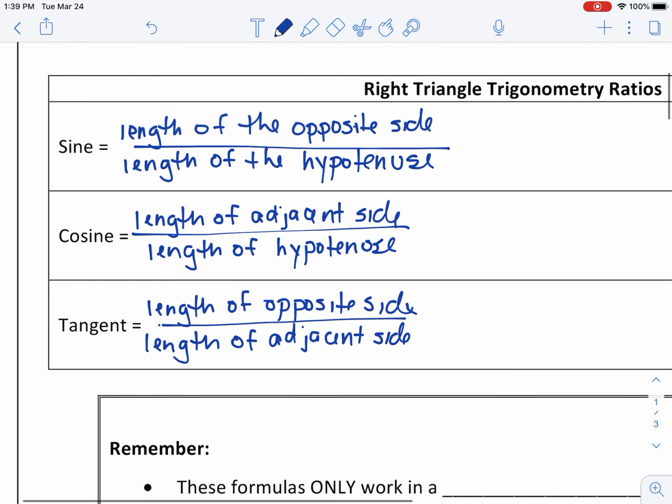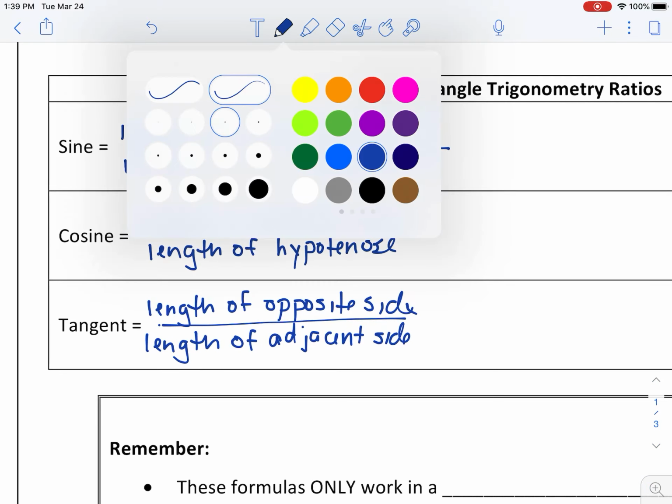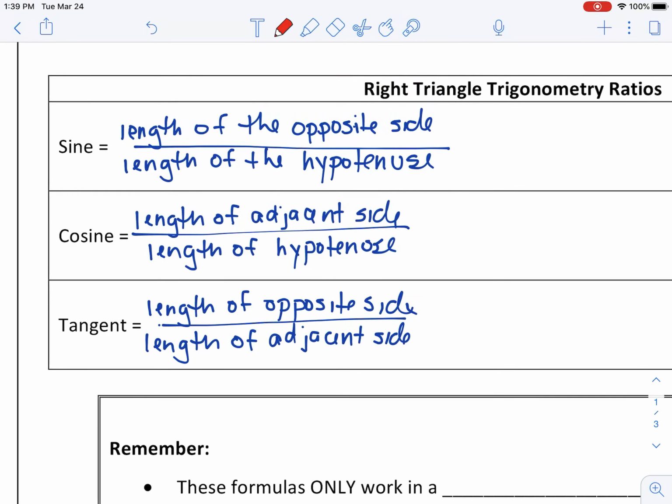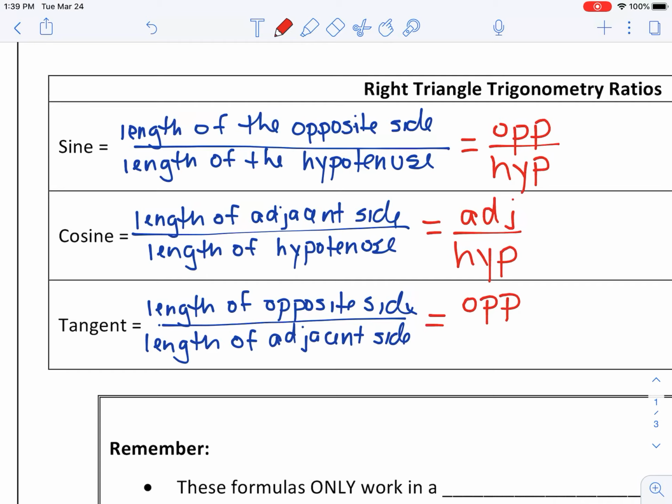Okay, usually you don't see it written out that way. Usually, just to abbreviate, they'll say the sine is the opposite over the hypotenuse, and the cosine is the adjacent over the hypotenuse, and then the tangent is the opposite side over the adjacent side.